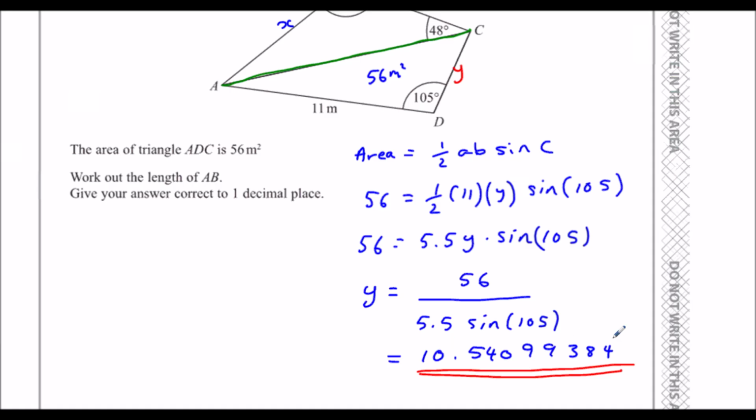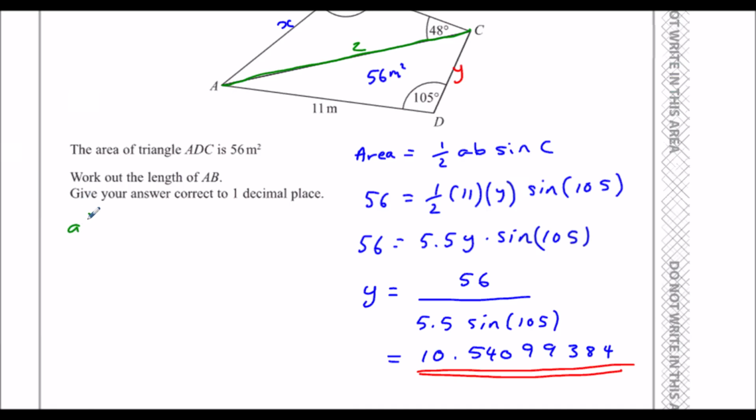It will save me typing out the whole number again. So now I've got enough information to find this common side, this green side. So I'm going to call that Z. We can use the cosine rule now, because we know this angle and the two lengths next to it. We want to find the third length. That's the cosine rule.